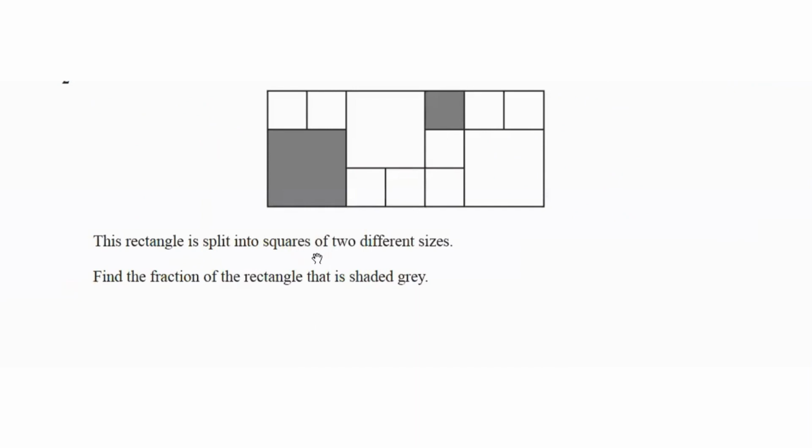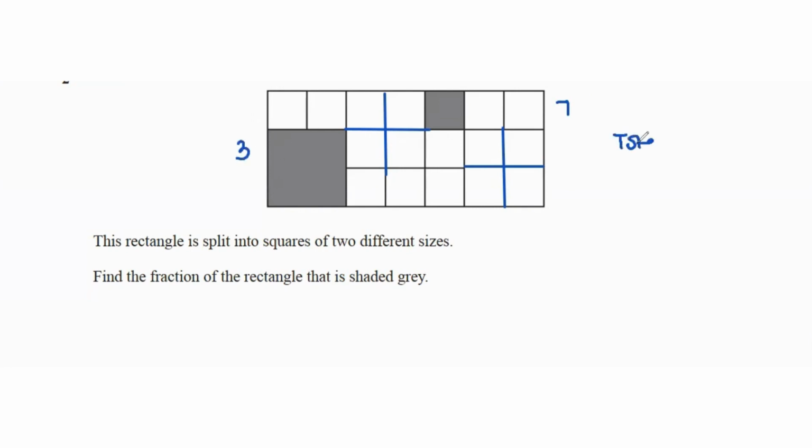The rectangle is split into squares of 2 different sizes. Find the fraction of the rectangle that is shaded gray. So let's draw all of the squares first and see what is the total number of squares. So total number of small squares we have is 1, 2, 3, 4, 5, 6, 7 in one row and 3 in one column.